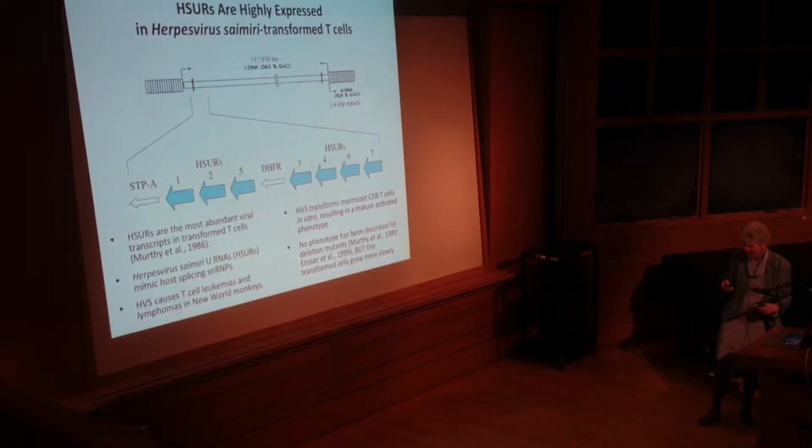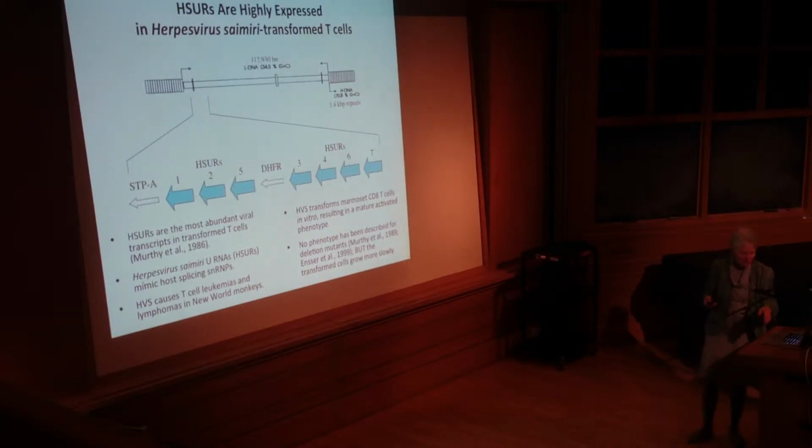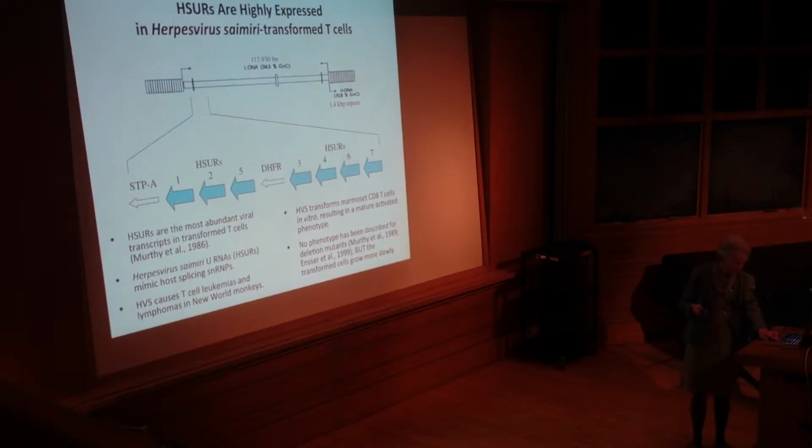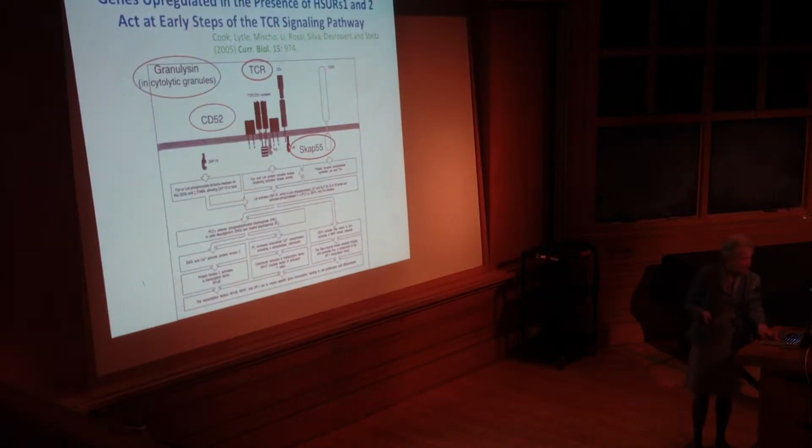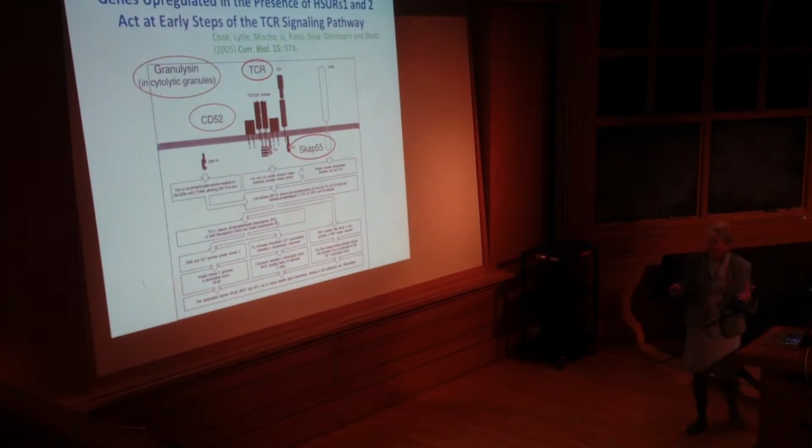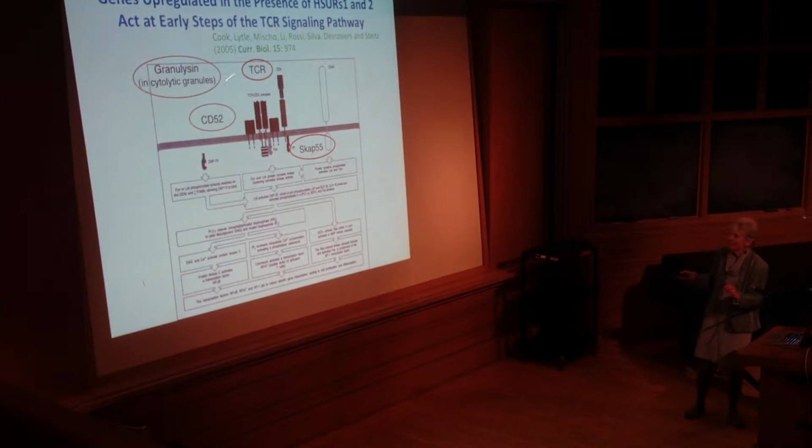And so she did that comparatively, and what she then ended up finding was that only a handful of genes were upregulated in the presence of HSURs, and all of those genes, and this just shows 4 of the 8, happen to be sort of hallmarks of T-cell signaling, genes that act early in the TCR signaling pathway, and here are some of them.